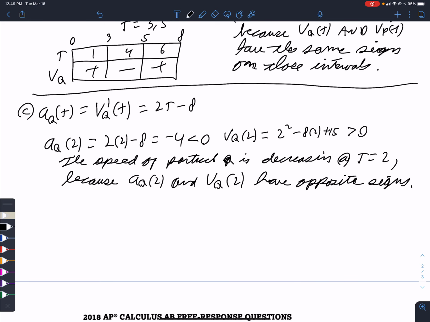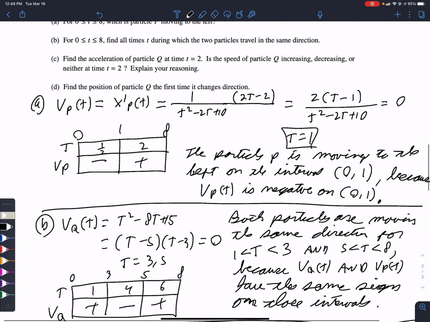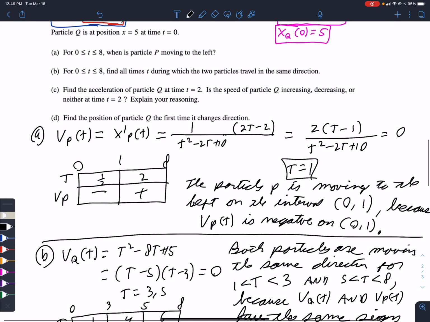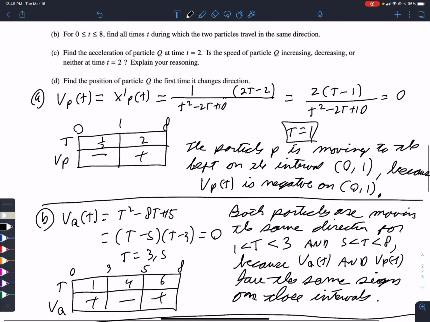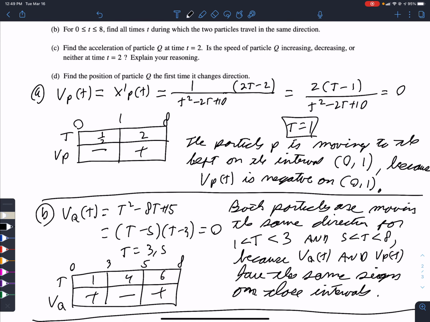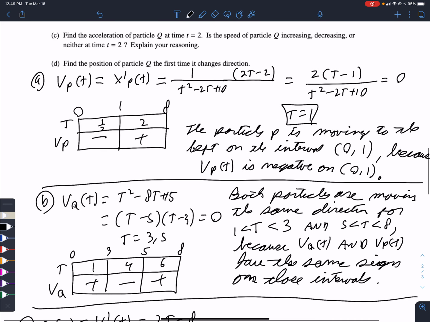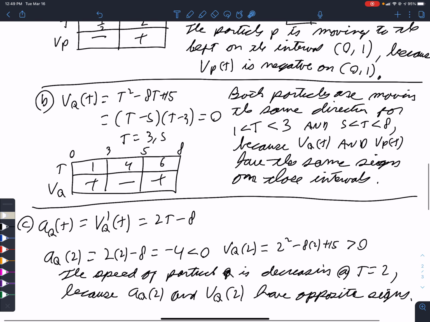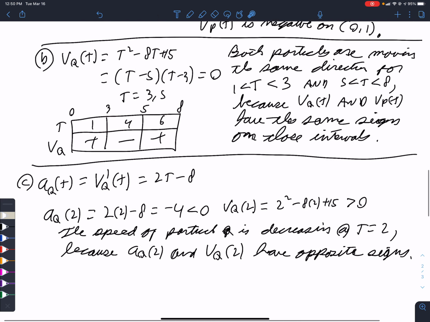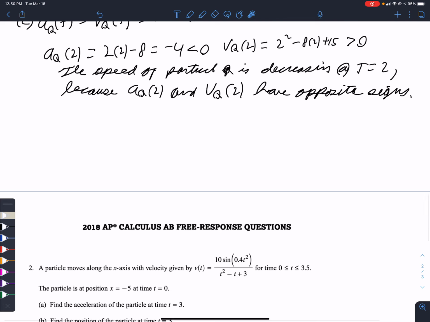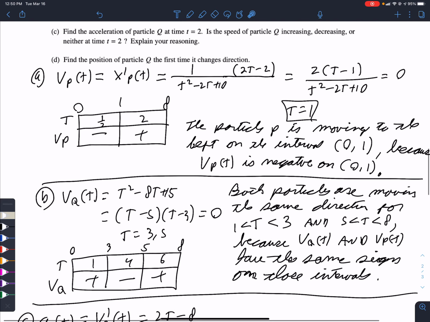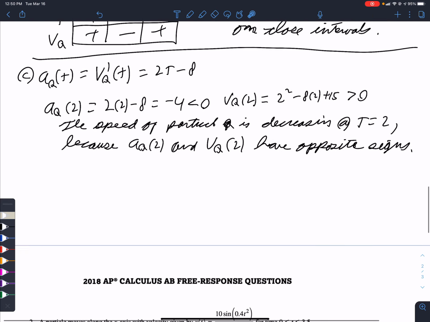That is part C. And then part D, find the position of the particle Q the first time it changes directions. So looking at our previous work, particle Q changes directions at 3. Okay? We find that from B. So we want to find, what is it? The position of particle Q at 3.